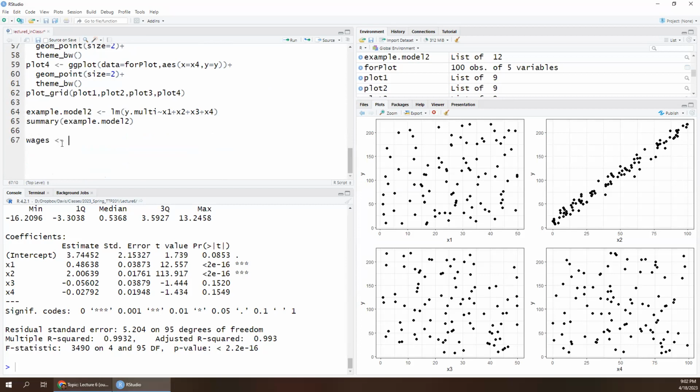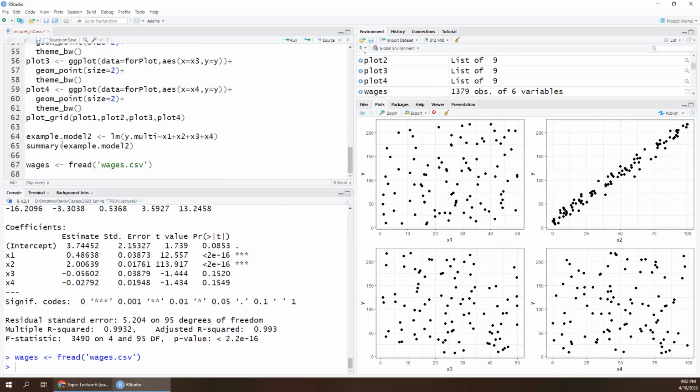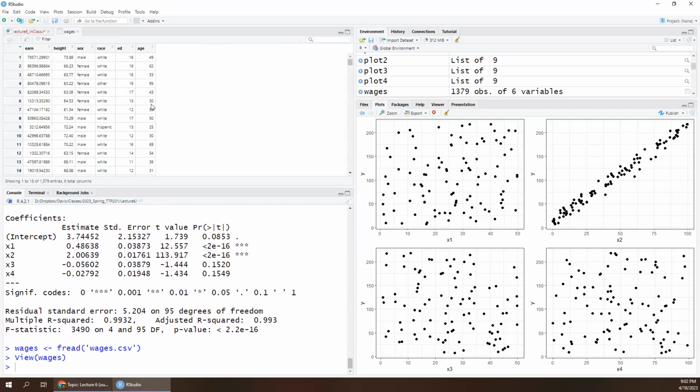So we're going to look at something called wages. This is a simple data set, and let's take a quick look at this. This data set contains 6 variables.